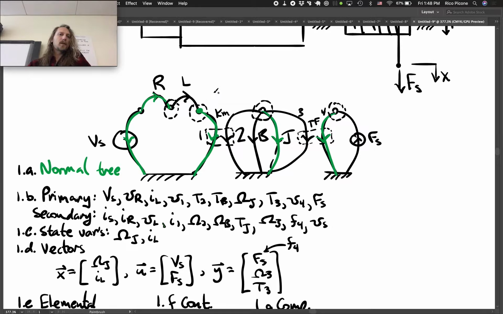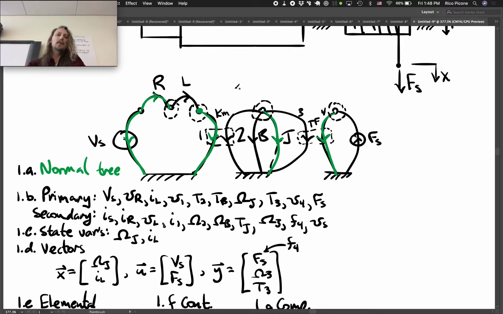I guess for that one it would be because you might include the edge that's not included. So you don't want to intersect any other branches that show up. So you don't want to intersect R, and you don't want to intersect VS. So that's why I chose this one.